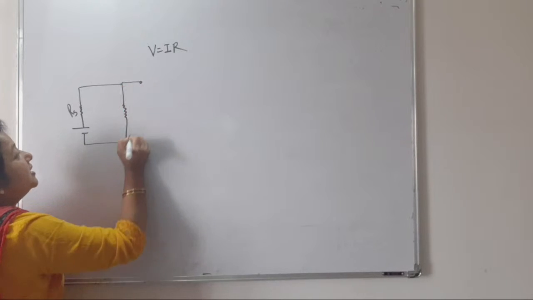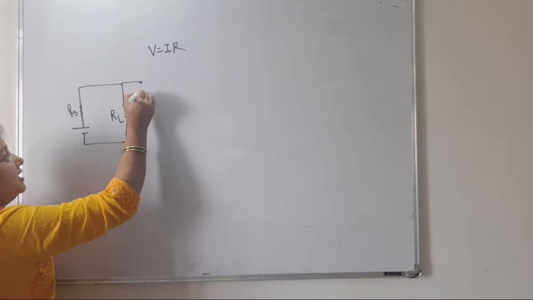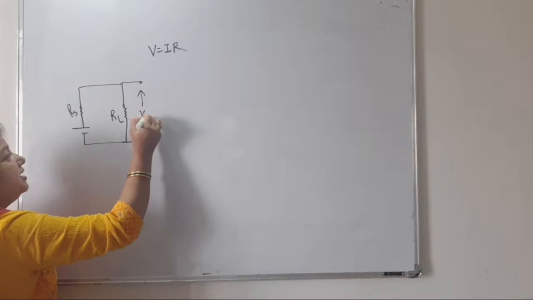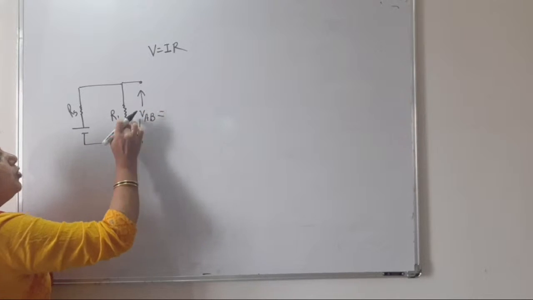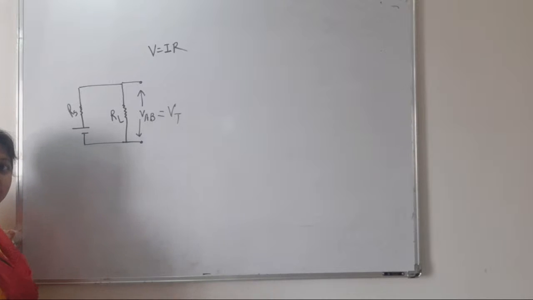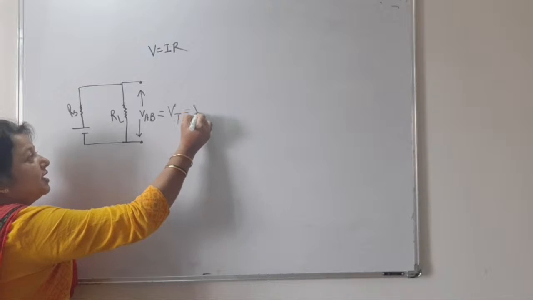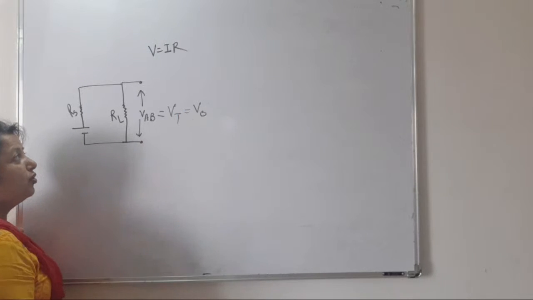If we consider the output here across the load resistance, that is termed as VAB, output voltage, also sometimes considered terminal voltage.